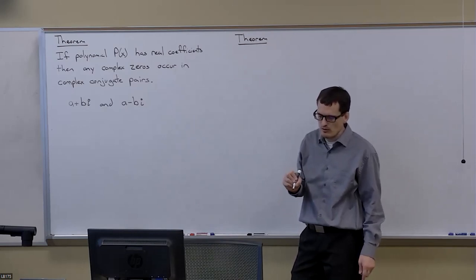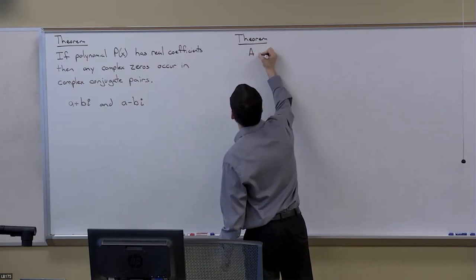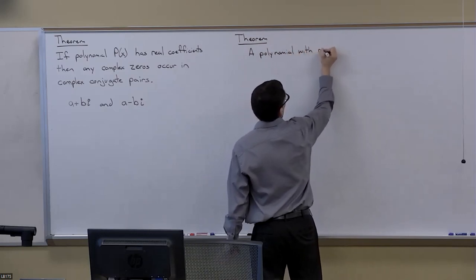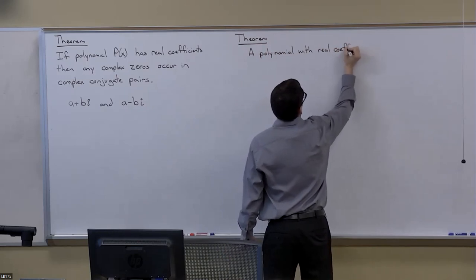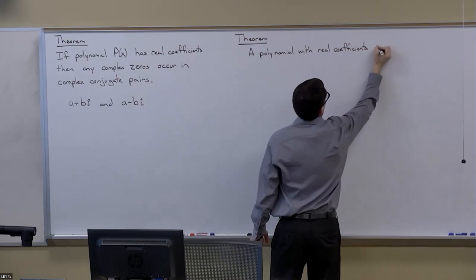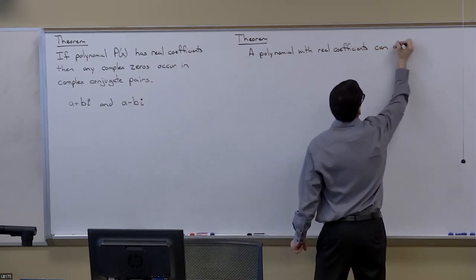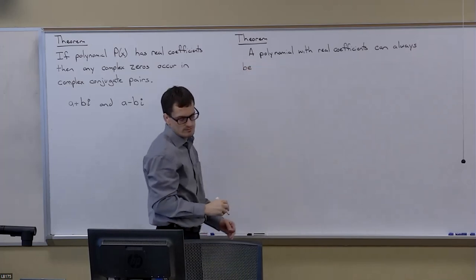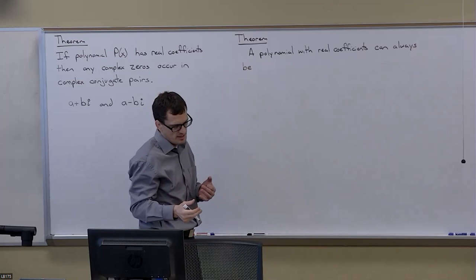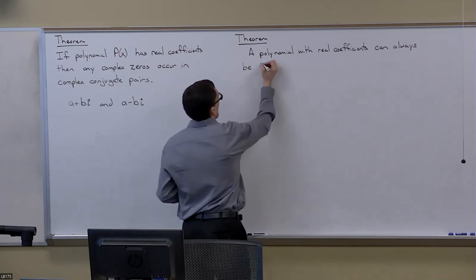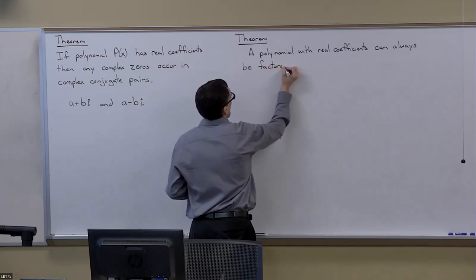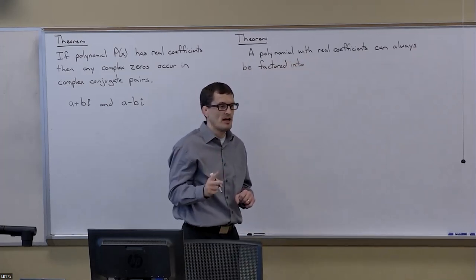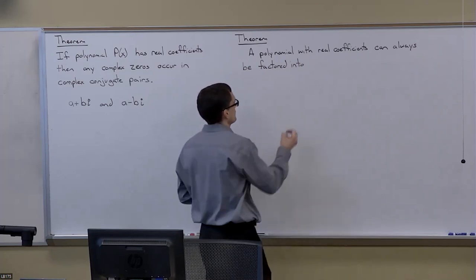A polynomial with real coefficients can always be what I'm going to phrase as broken down, but what the book says is factored into quadratics and linear pieces with real coefficients.